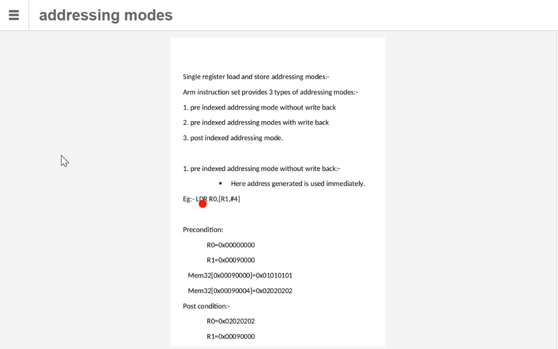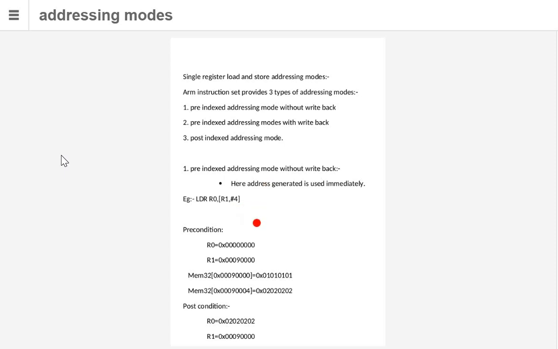The instruction syntax is LDR opcode, then a destination register, and then an address location. This address location is always given in square brackets. Inside the square brackets, I can have two things: one is the register and the second is an offset value. This offset value can be given as an immediate value, which I have given in the example as #4, or the offset value can be given in some register.